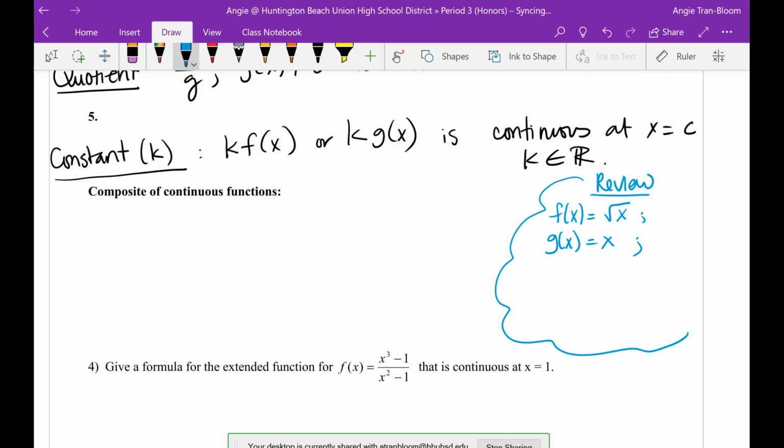Someone give me the domain of f of x. 0 to infinity, yes. What is the domain of g of x? Negative infinity to infinity, aka all reals, right?